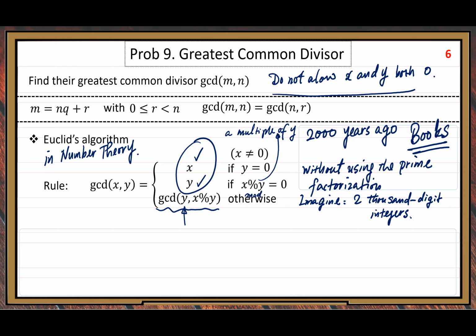By applying Euclid's algorithm, we do not need to do prime factorization. Basically, we just do integer division and modular operation. That's much faster than prime factorization. Although you need to do it many, many times, the size is reduced quickly, and you can get your answer very fast.